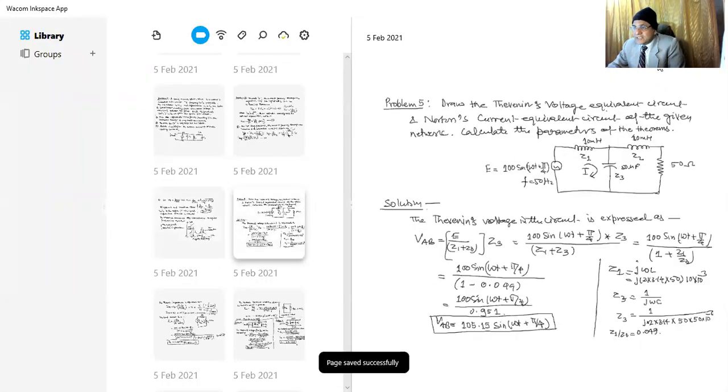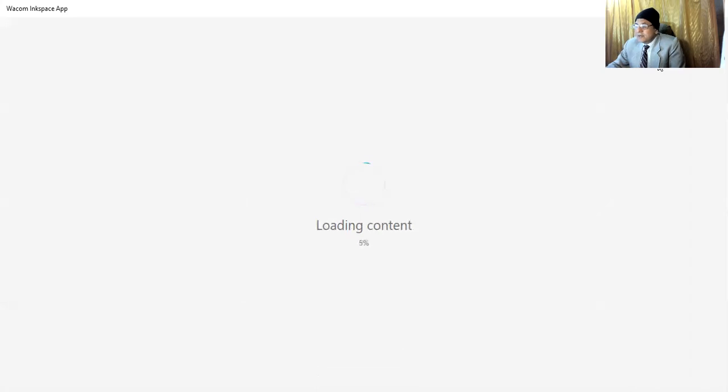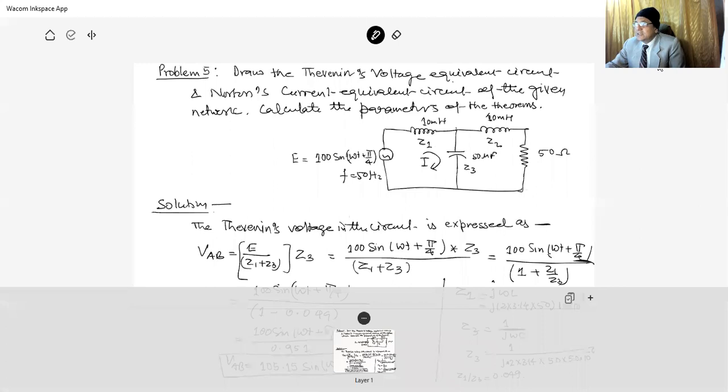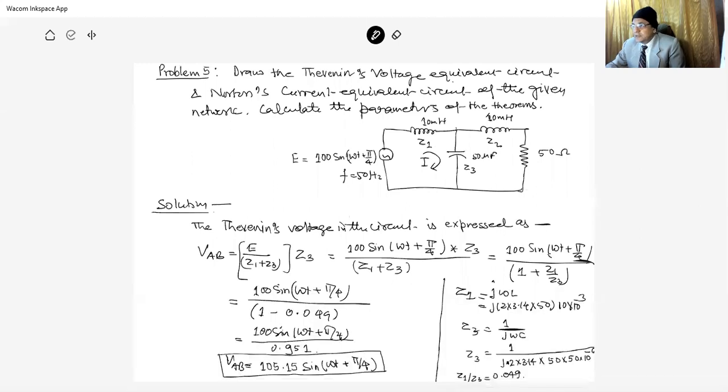This is an important case because we have to discuss the resonance in the two circuits. We can also calculate the quality factor of the circuit.